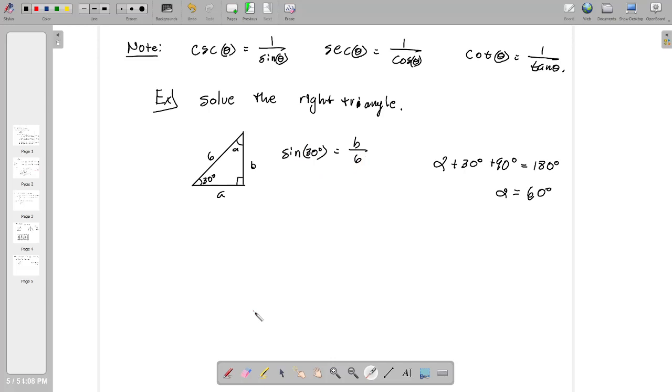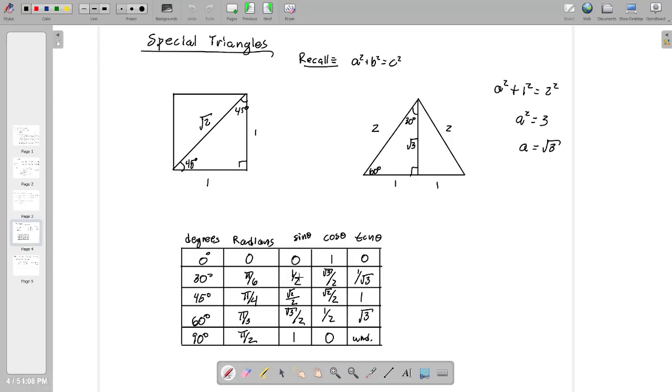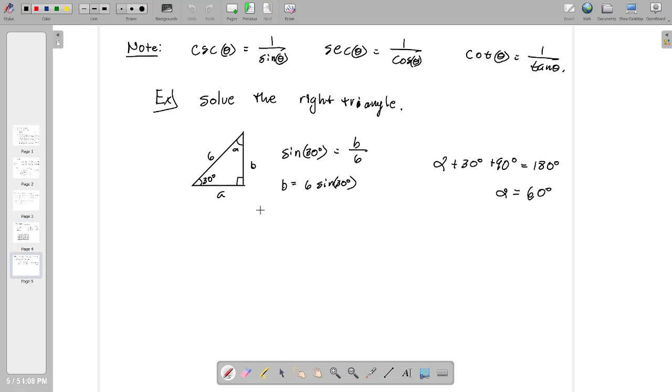So if we multiply this 6 over, we would have B is equal to 6 times sine of 30. Sine of 30 is 1/2. So we end up with B is equal to 6 times 1/2. Now we know what B is. B is 3. We know what alpha is, 60 degrees. We just need to figure out what A is.